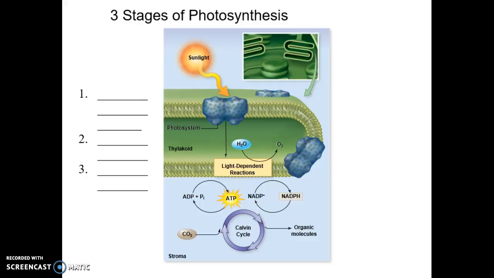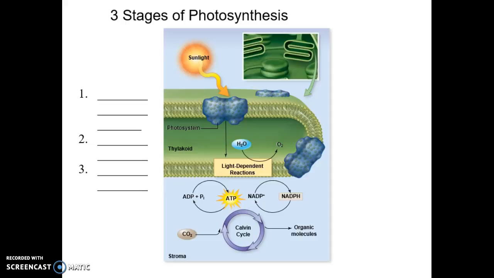Our third stage of photosynthesis is formation of glucose. So taking carbon, hydrogen, and oxygen and pushing them together in order to create a glucose molecule, C6H12O6. 6 carbons, 12 hydrogens, 6 oxygens.